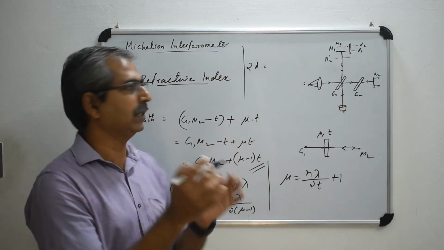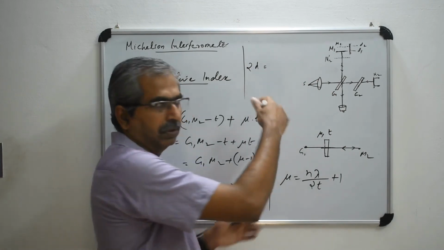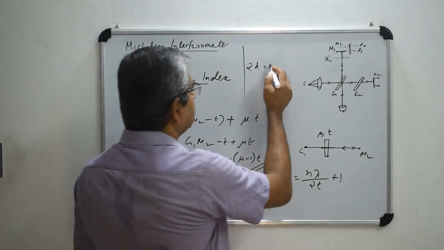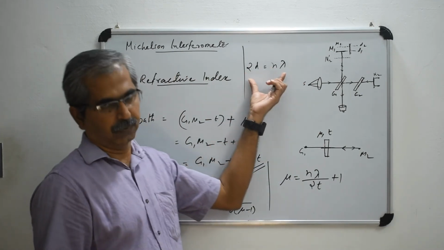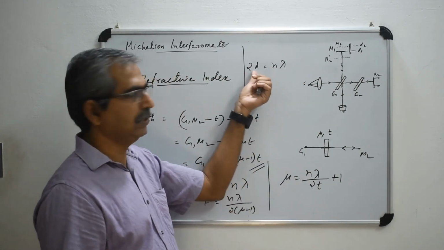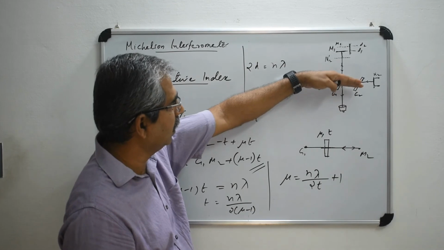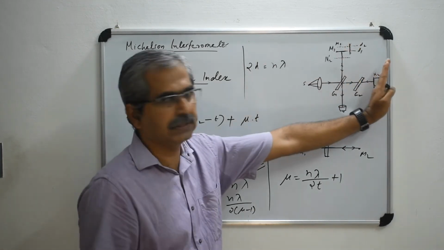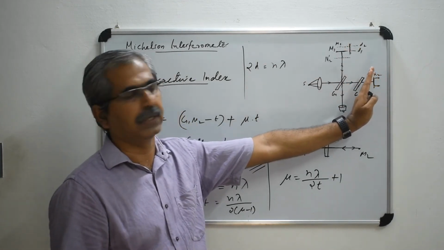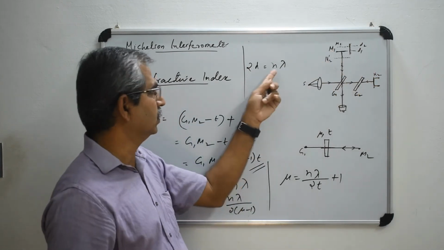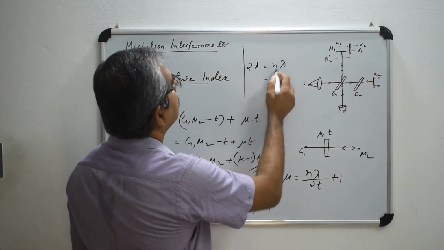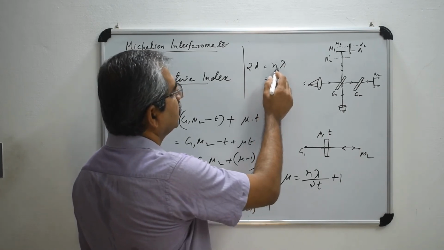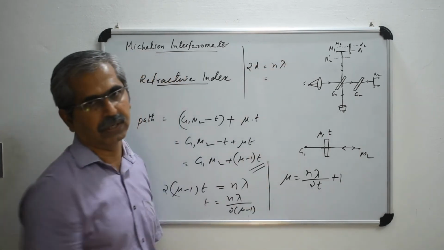Now, what if the path difference 2D is equal to 0, or D is equal to 0? 2D equal to n lambda is the condition for dark fringe. If D is equal to 0, that means this distance and this distance are the same. So 2D equal to 0 means you have the condition for destructive interference, isn't it?